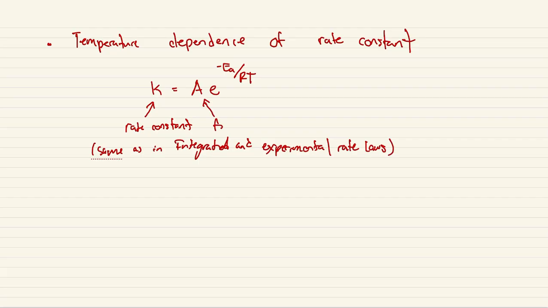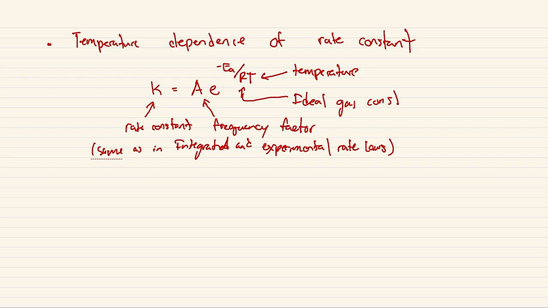A was our frequency factor. And then what were the other constants or variables we have here? T was the temperature. What was R? The ideal gas constant. And then Ea was the activation energy, right?